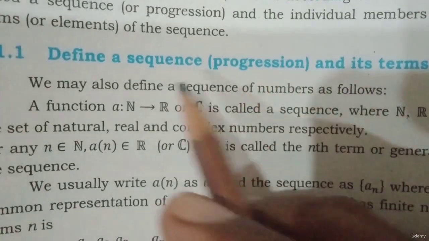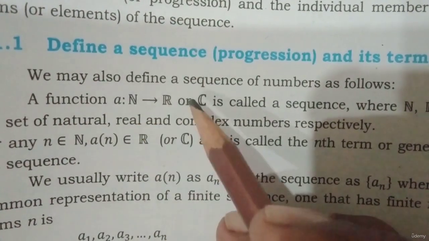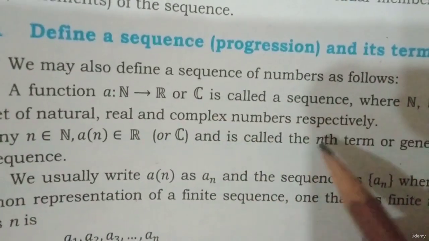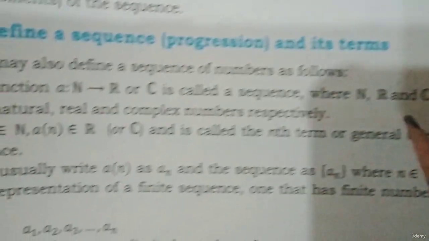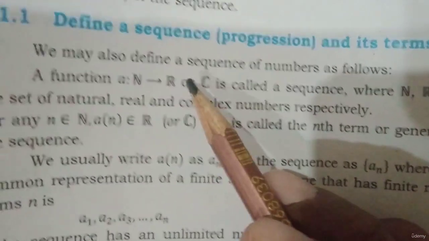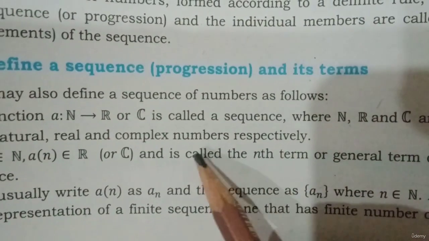In a mathematical way, we can say a function a from N to R or complex numbers C is called a sequence, where N is natural numbers, R is real numbers and C is complex numbers respectively.